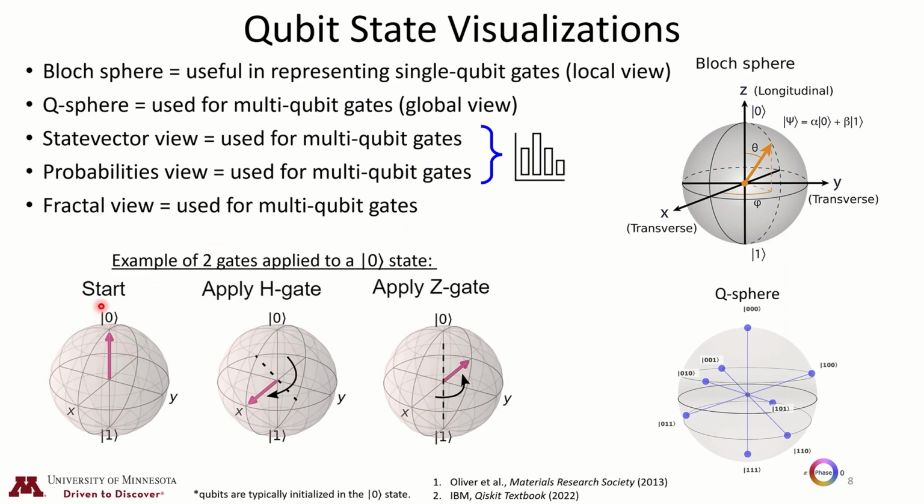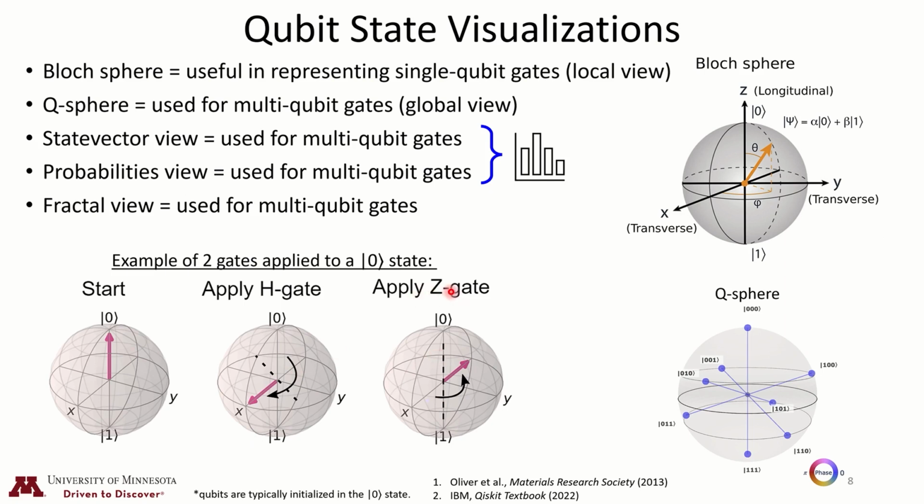Here's an example of those qubits being represented and having qubit gates applied. This particular example shows a qubit being initialized in the ground state, 0. Then if you apply a Hadamard, it's going to place it on this equator. When it's on the equator of this sphere, that means it has a 50% probability of being 0 or 1.